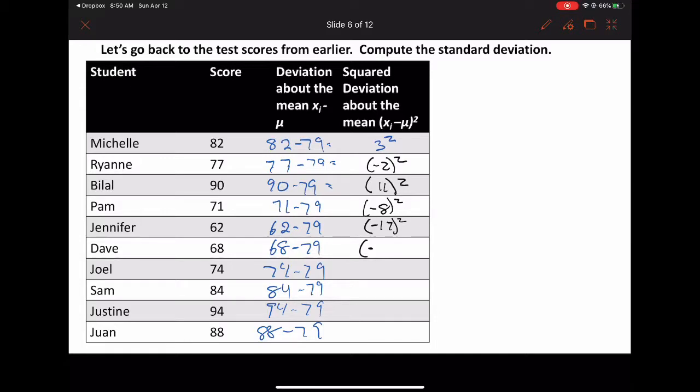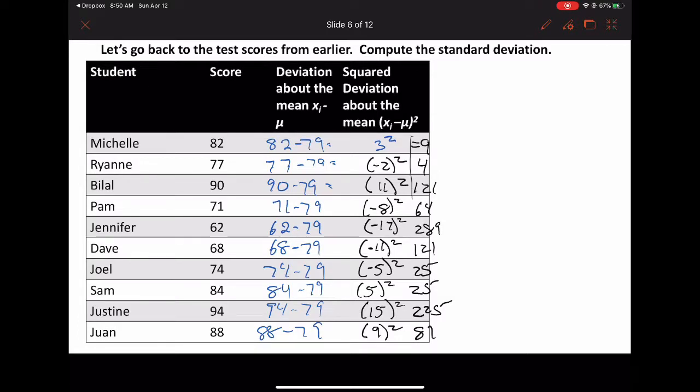Okay, where am I? 11 squared. Negative 5 squared. So this right here is 9, 4, 121, 64, 289, 121, 25, 225, 81. Then we need to add all of these together.